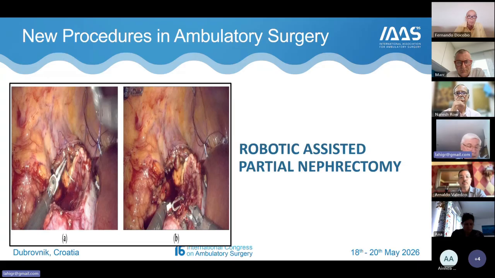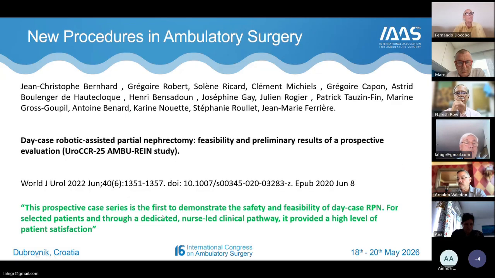Partial nephrectomies, another urologic procedure, robotic-assisted partial nephrectomies. A new article again: day case robotic-assisted partial nephrectomy, feasibility and preliminary results of a prospective evaluation.